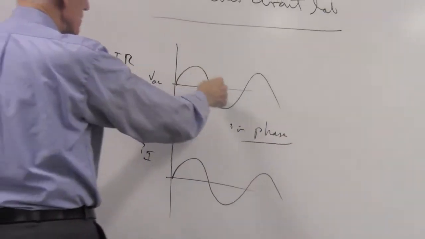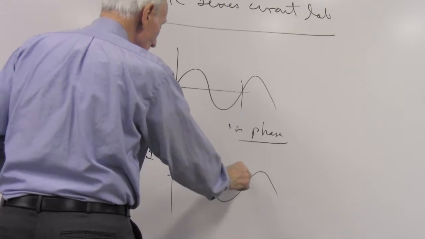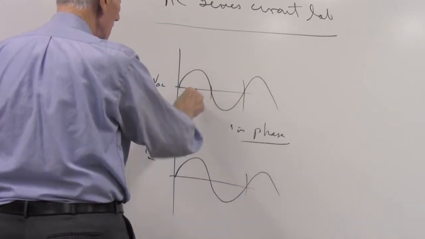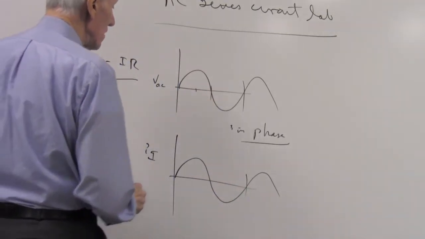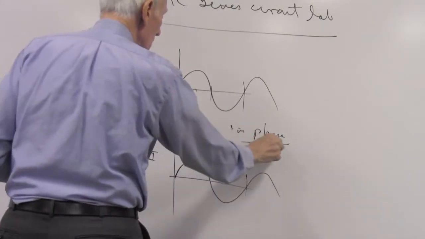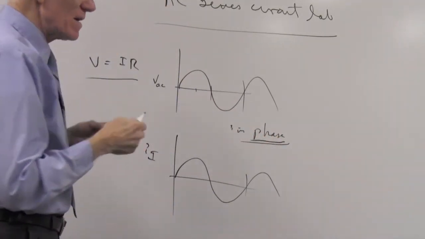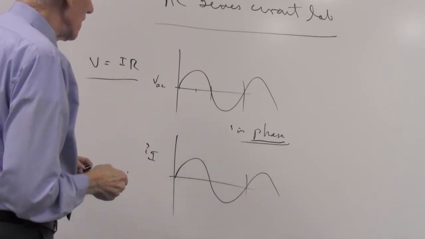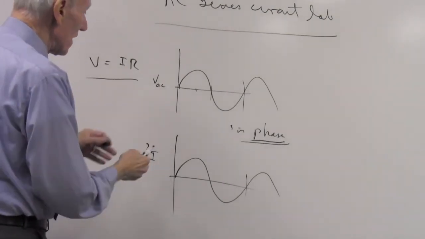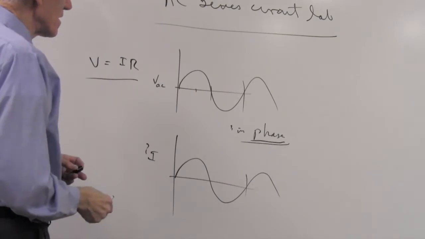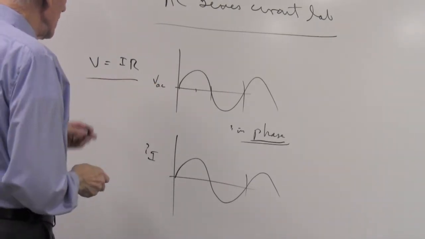There are 360 degrees in one cycle, 180 in a half cycle, and 90 degrees in a quarter of a cycle. So what I'm talking about with in phase is the phase angle here. They're in phase, they're synchronized, they're behaving exactly like a pure sine wave, the voltage and the current.